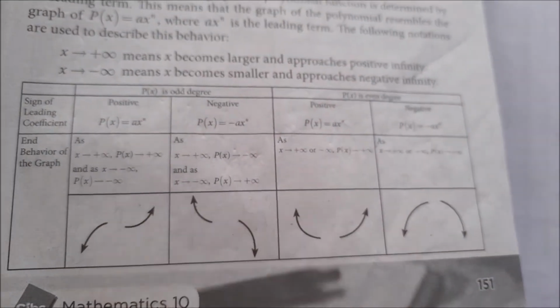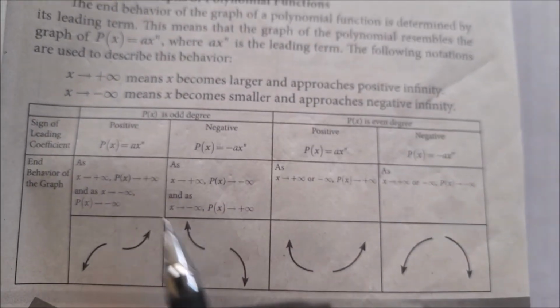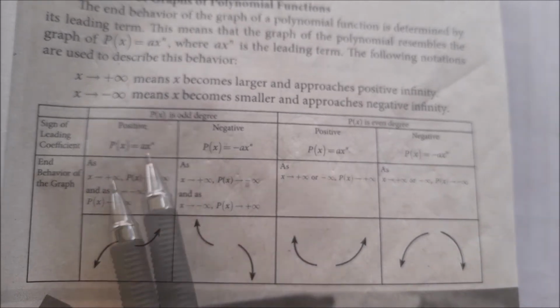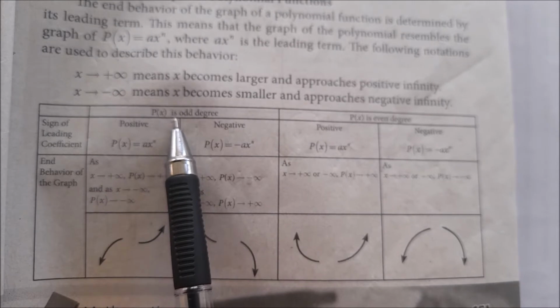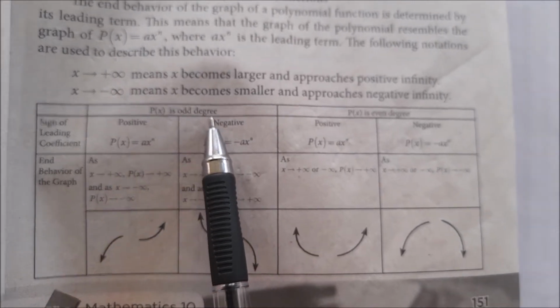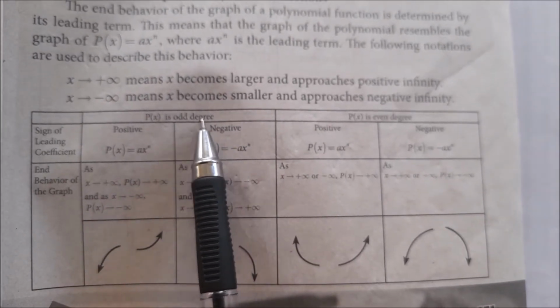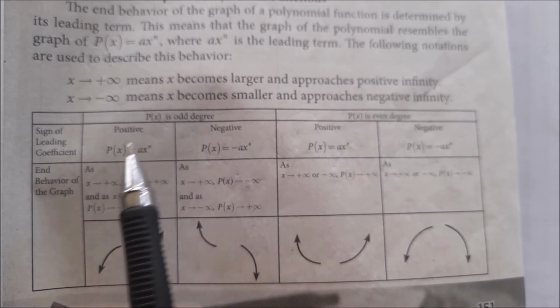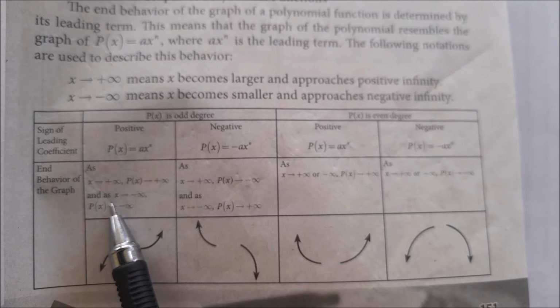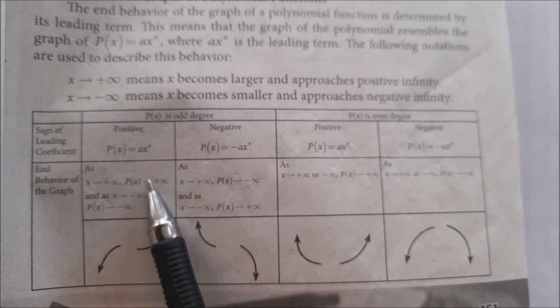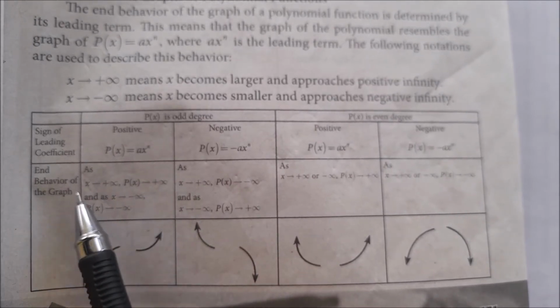Now the table is this one. We need to follow the table on how to determine the end behavior. If P of x is odd degree and the leading coefficient is positive, this is the form of the end behavior of the graph.